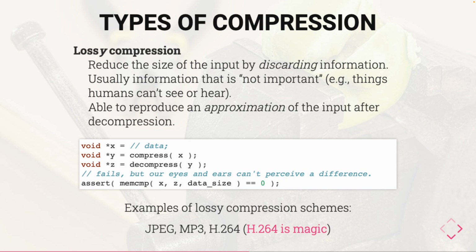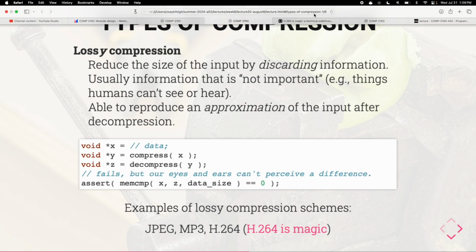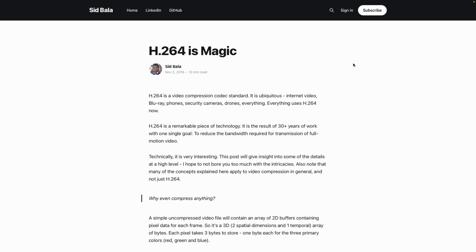Some pretty familiar lossy compression schemes: JPEG, MP3, H.264. JPEG and MP3 I'm sure you've used before, maybe not H.264. And the article that this links to is very neat. Strictly optional. This won't be on the final exam, although pretty much everything else in these lectures can be. And I know you're all stressed about the final and your assignment and other courses and life and stuff.